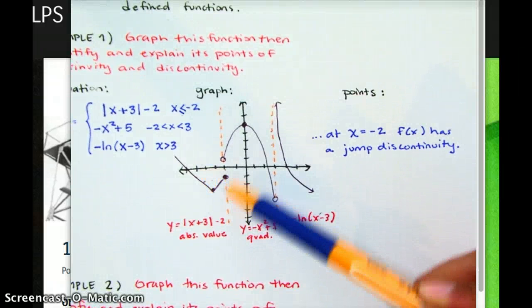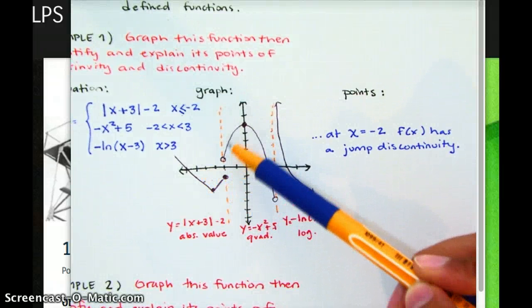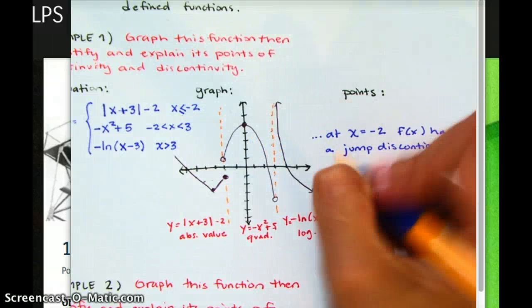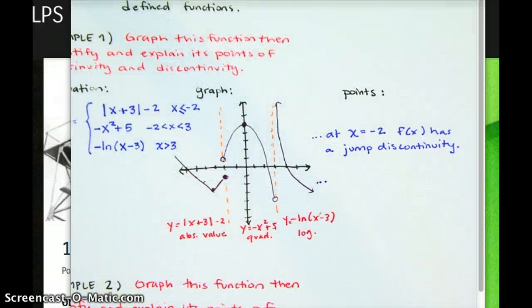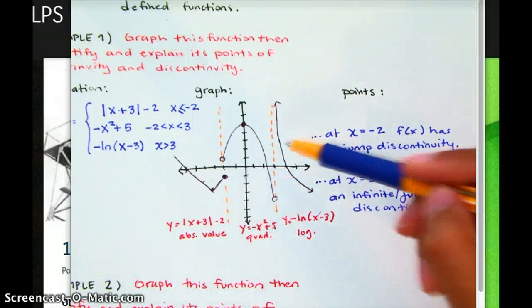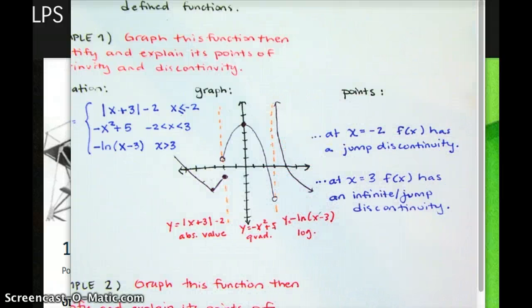And then after -2, we continue, everything's connected, no problem, until we get to +3. And at 3, we have, you could call it infinite or jump, I don't really care either way, but it has a non-removable discontinuity.